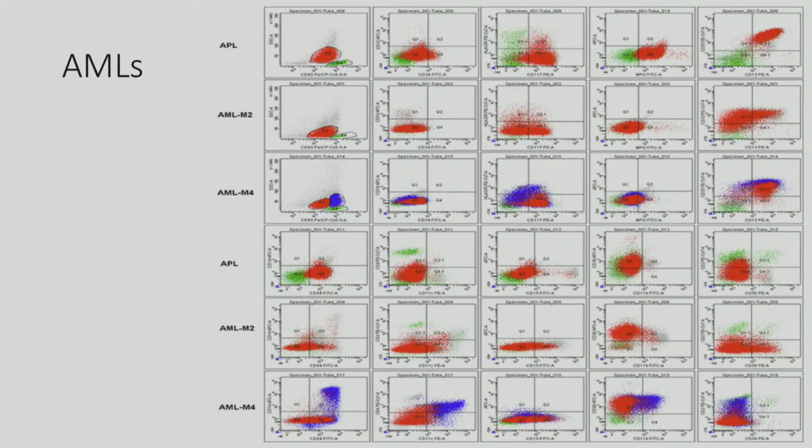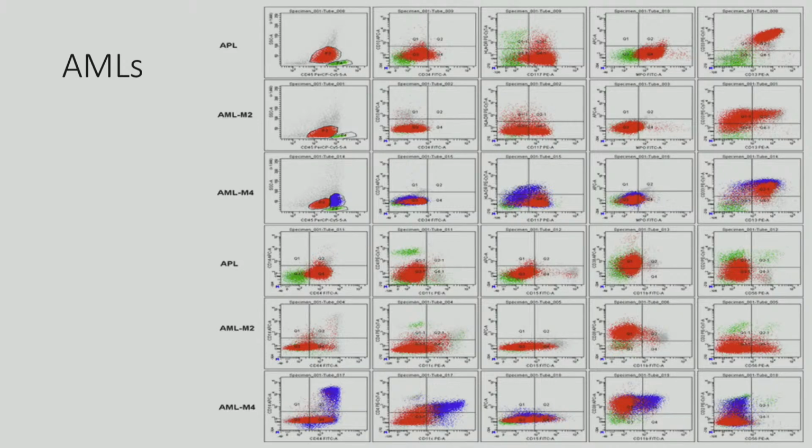Coming to acute myeloid leukemias, flow cytometry wise, all the leukemias have almost the same cell expression except AML-M3. AML-M3 has certain characteristic flow cytometry features.